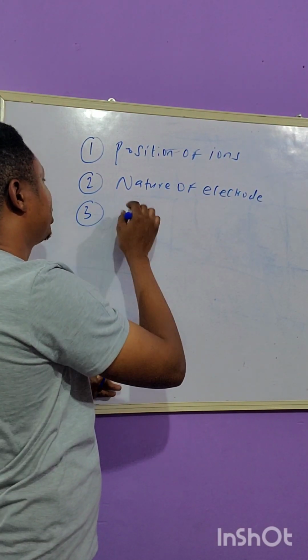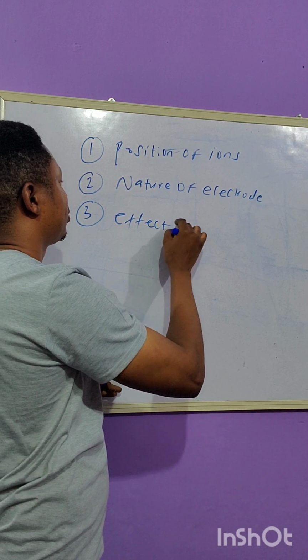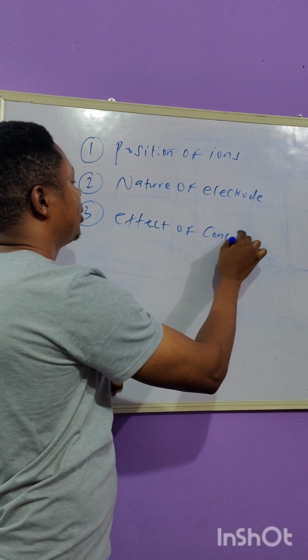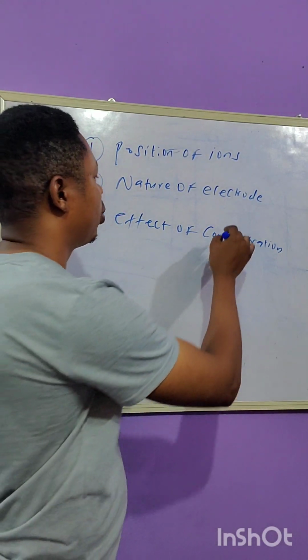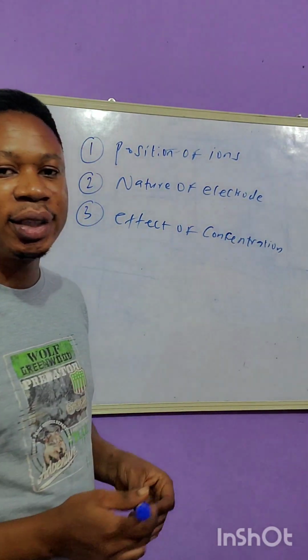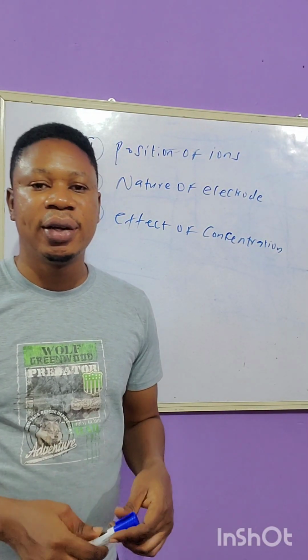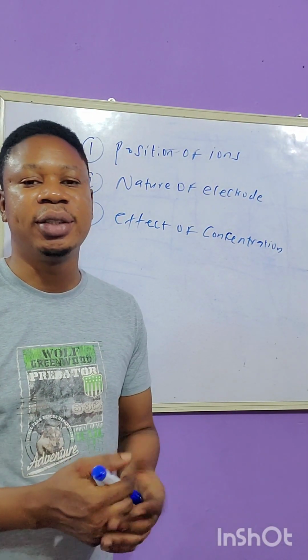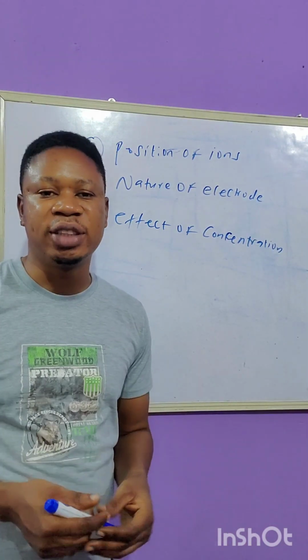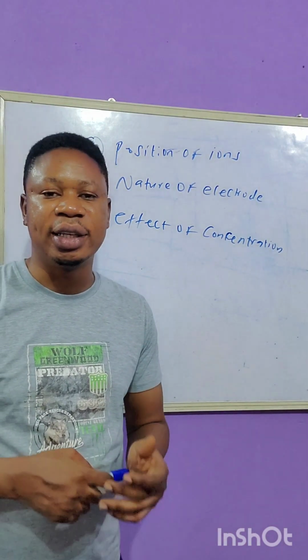And number 3 is effect of concentration. So these factors are, number 1, position of ions in the electrochemical series, number 2, the nature of electrode, and number 3, effect of concentration. So let's start from the first factor, position of ion in the chemical series.